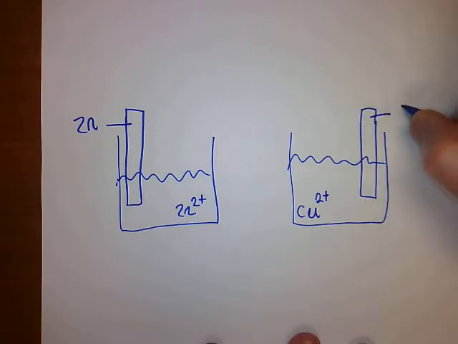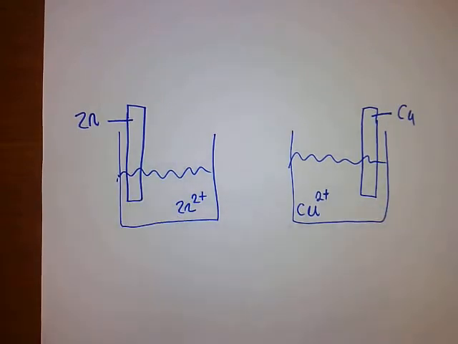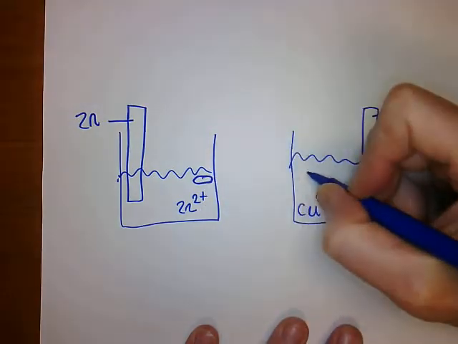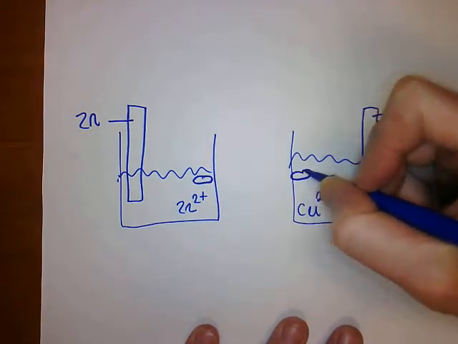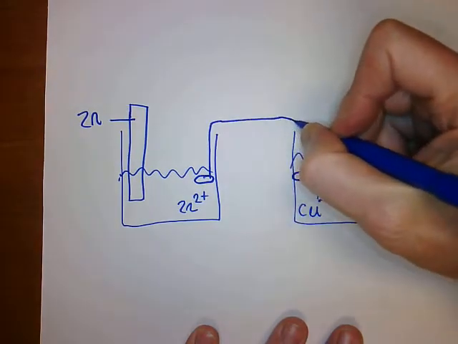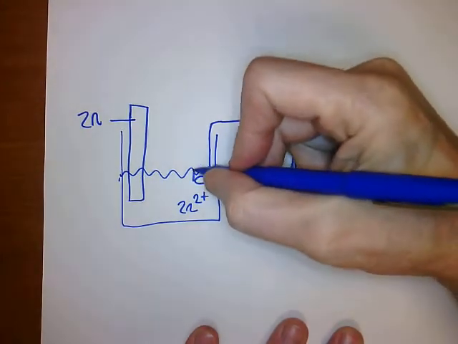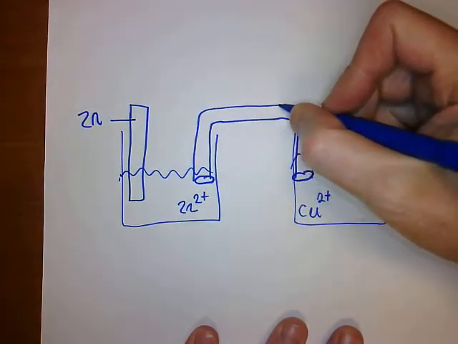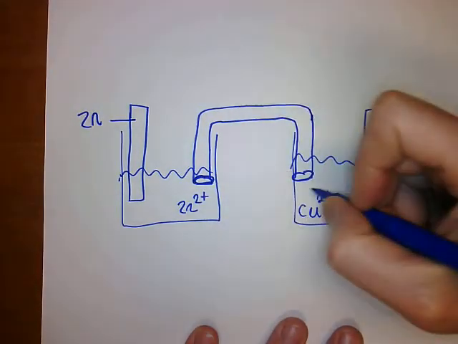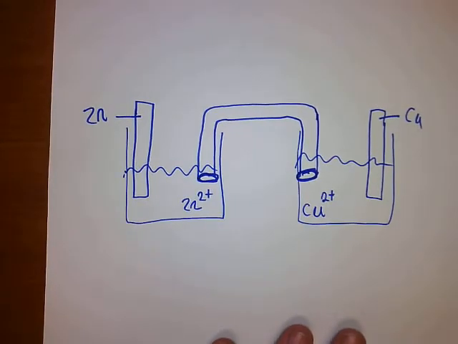I say copper electrode, zinc electrode, but really it's just a piece of copper metal and a piece of zinc metal, right? And we're going to join these by this salt bridge. Like I say, it's a glass U-shaped tube fitted with porous plugs at both ends. Okay? And that's our salt bridge.